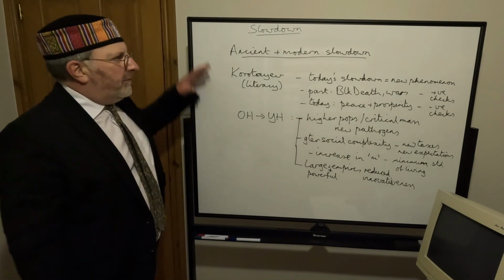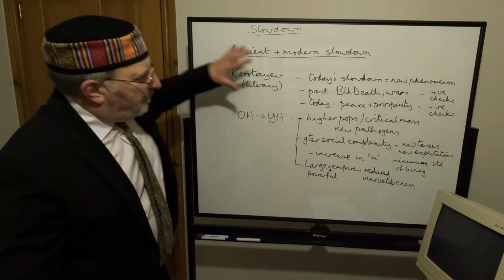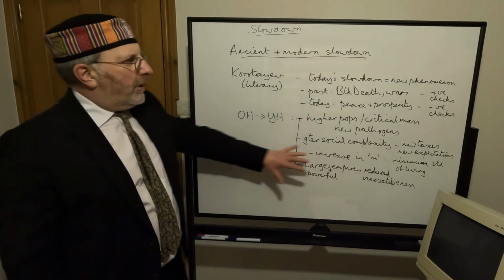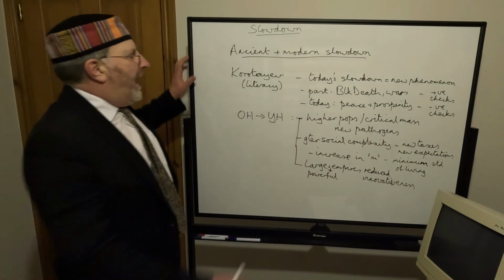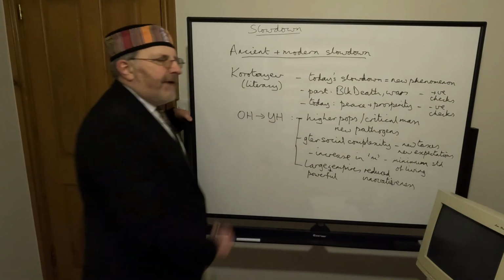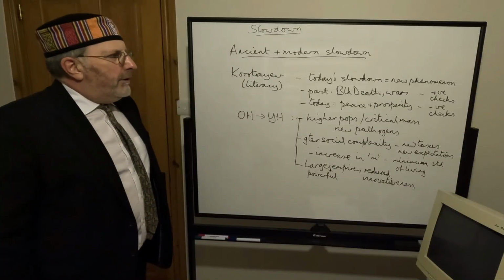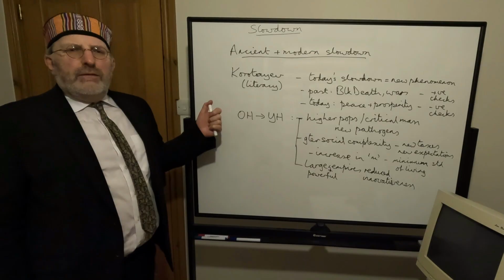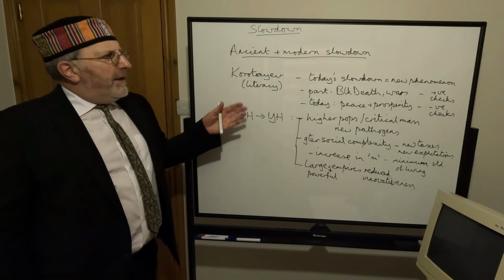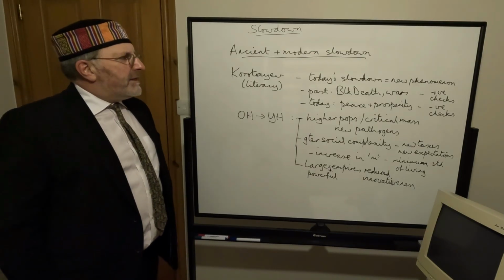So their argument is that there are special reasons why slowdowns occurred before, but today's slowdown is different, and it's this literacy factor that explains it. But some people might say, well, I don't know if this is really true. Are things today really that distinctive?